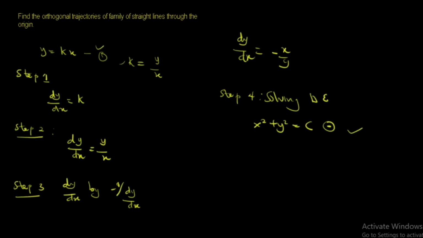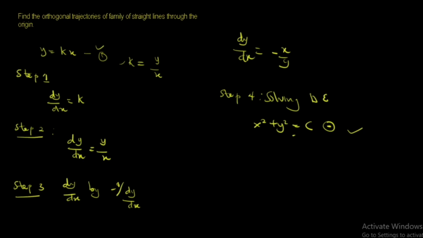They said we should find the orthogonal trajectories of the family of straight lines through the origin. This is the first one, and its family. So that's very simple. Using the 4 steps, you can find the orthogonal trajectories of any family of curves or straight lines. Let's move on to the second example.